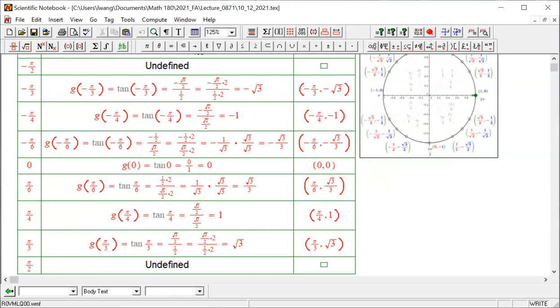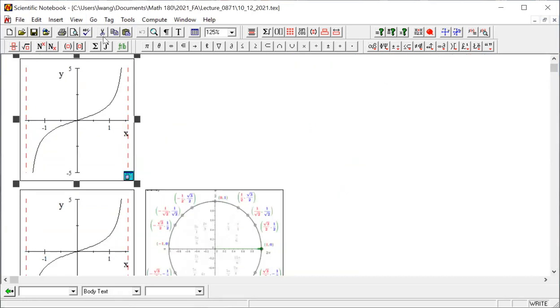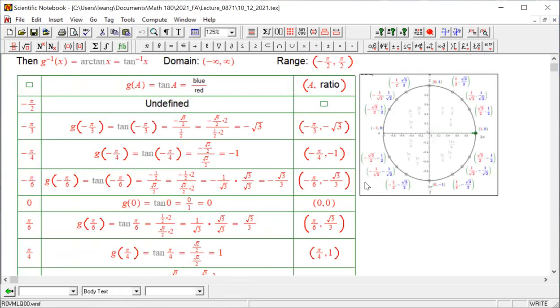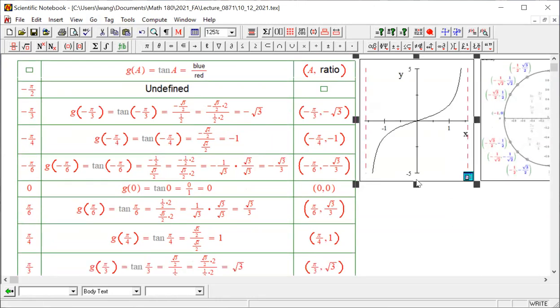Let me close the rooms. And then we're going to put the points on the chart.